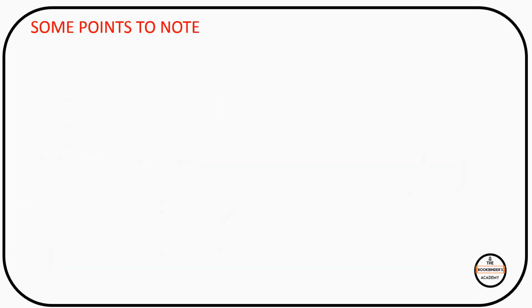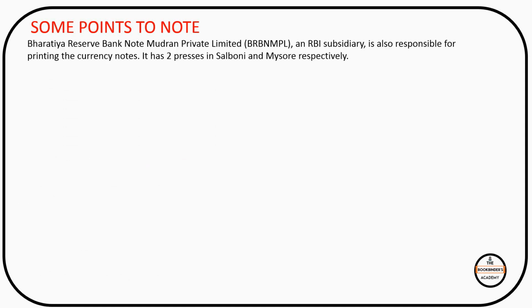Now we move on to some extra points to note. These are basically the questions that might arise and are related to this topic and are equally important. The first point is the Bharatiya Reserve Bank Note Mudran Private Limited, BRBNMPL, a subsidiary of RBI, which is also responsible for printing currency notes, and it has two presses.